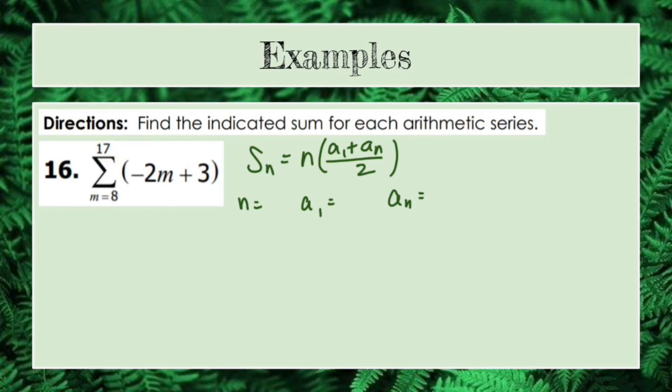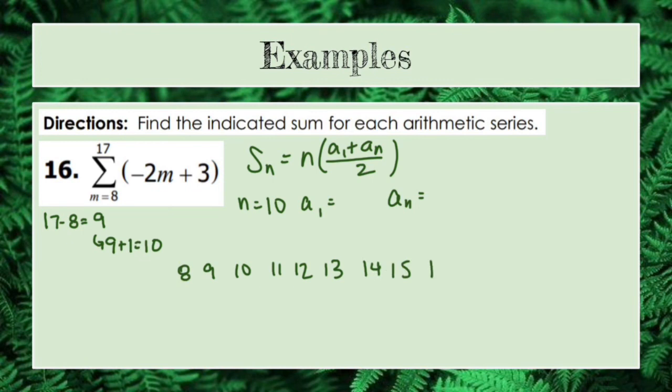So to find n, we want to do 17 minus 8, which is 9. Then 9 plus 1 equals 10. So n is going to equal 10. And the reason we added the 1 is because 17 minus 8 is 9, but if we write those down, 8, 9, 10, 11, 12, 13, 14, 15, 16, 17, there are 1, 2, 3, 4, 5, 6, 7, 8, 9, 10 terms, not 9. So that's where our 10 comes from.